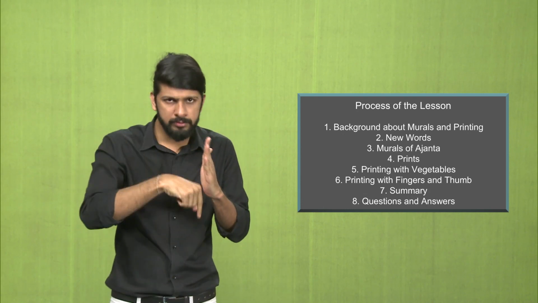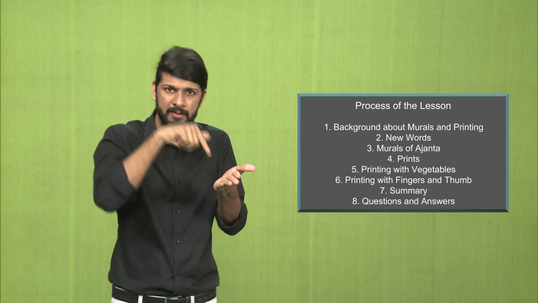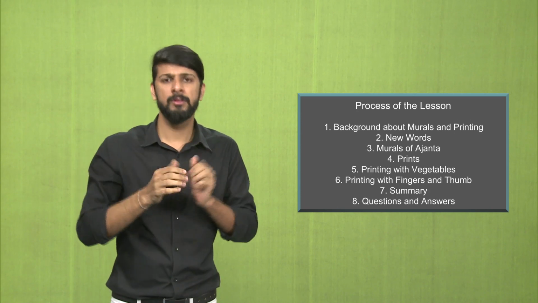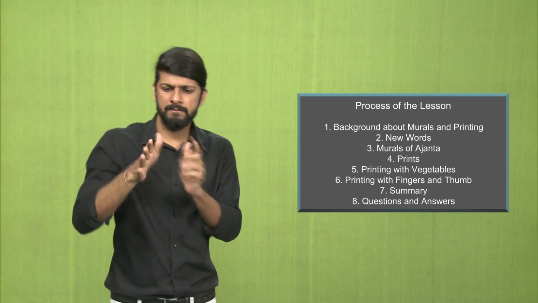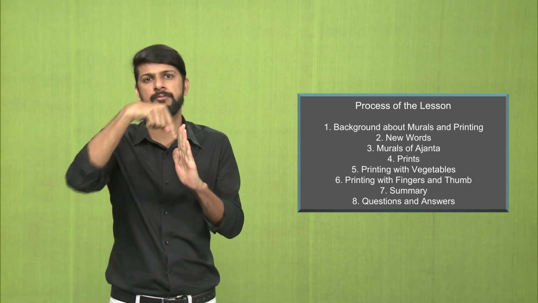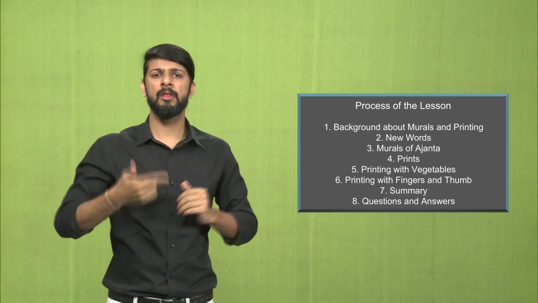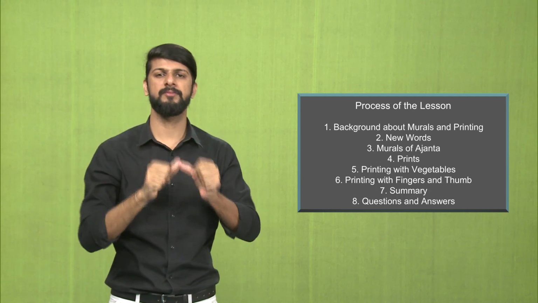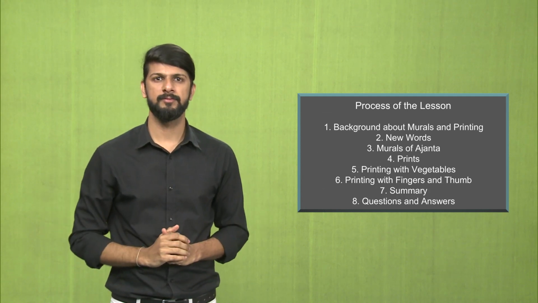Then we discuss printing and prints. Then we have printing with vegetables. Then we have printing with our fingers and thumbs. Next, the summary of the lesson, and after that the questions and answers.